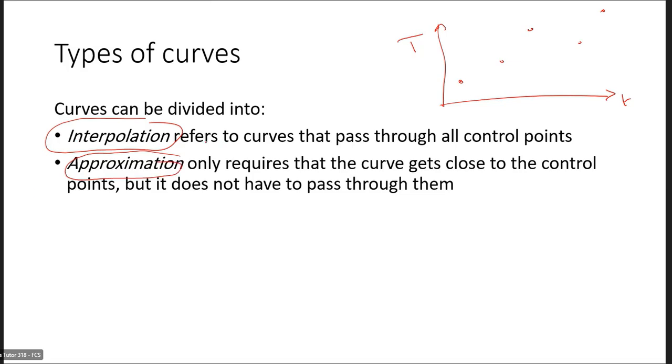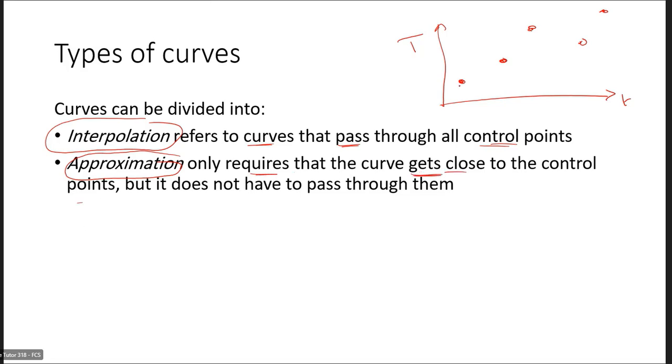Interpolation means the curve that passes through all the control points. So if you want to make interpolation, the curve should pass through all the control points. This is an example of a curve in which you are making interpolation. You can see that the curve passes through all these points. Now the second way is to make not interpolation but approximation. What does approximation mean here? It only requires that the curve gets close to the control points.